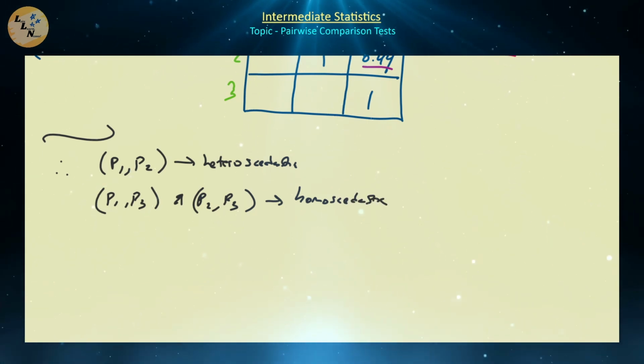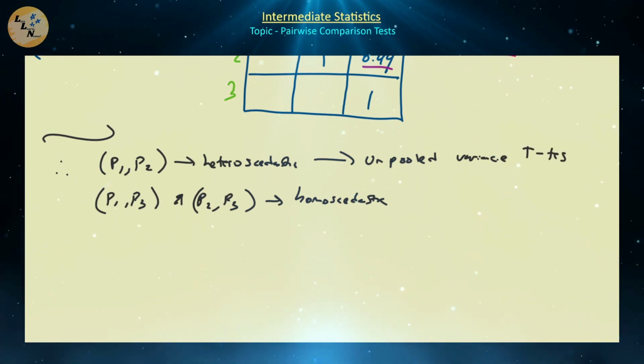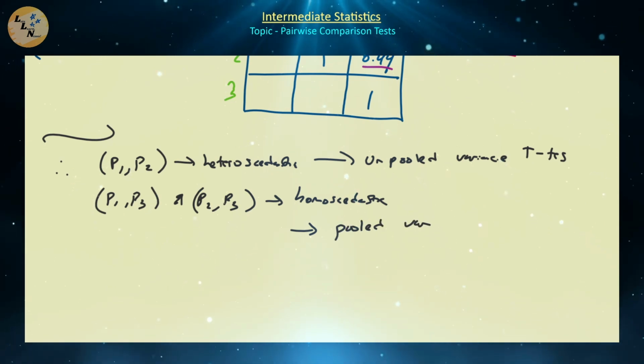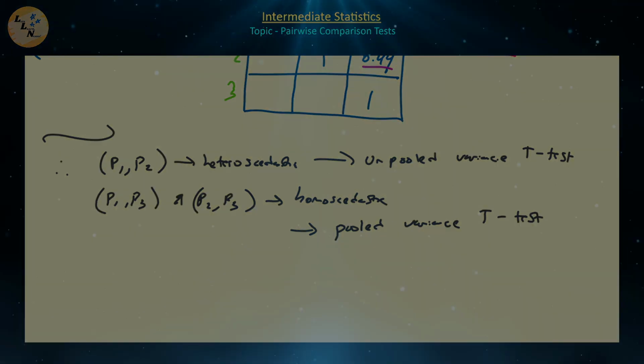So for heteroscedastic populations, or at least we believe that they are heteroscedastic, we need to use an unpooled variance t-test. And for the homoscedastic case, we can use a pooled variance t-test. And now, since we know which test we can use, now we can go ahead and use them.